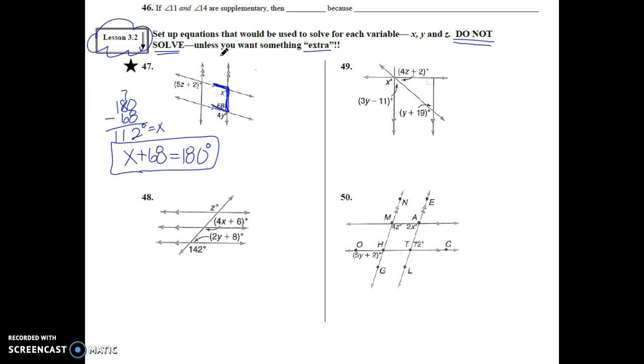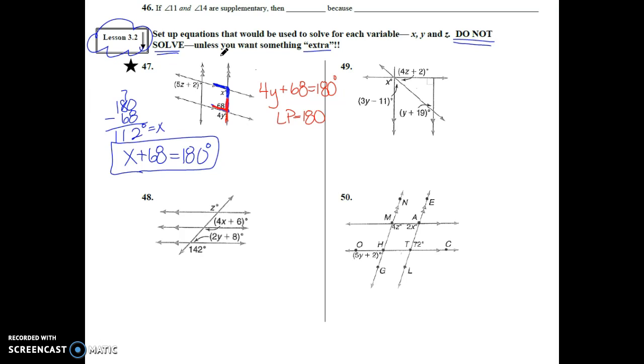The other thing that I notice here is that I have the 4y, and that also goes with the 68 next to each other. Those are a linear pair. So I know that 4y plus 68 is equal to 180 degrees. Again, if you want to finish that, you can subtract 68 and divide by 4. But we know that a linear pair equals 180.